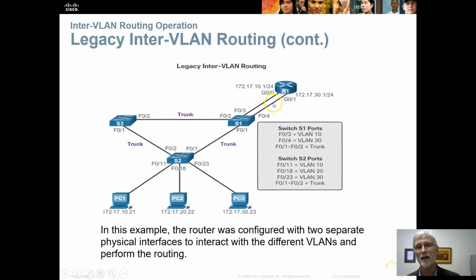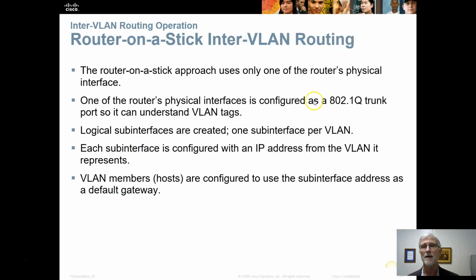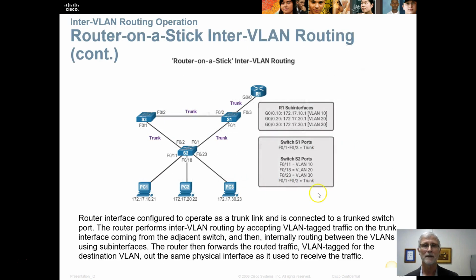So before, we had to have two physical ports set up aside. Now I'm going to have one physical and two logical, and each one of these sub-interfaces is configured with an IP address to make sure it's in the same network. And then all the VLAN members are also configured to use that same sub-interface as their default gateway.